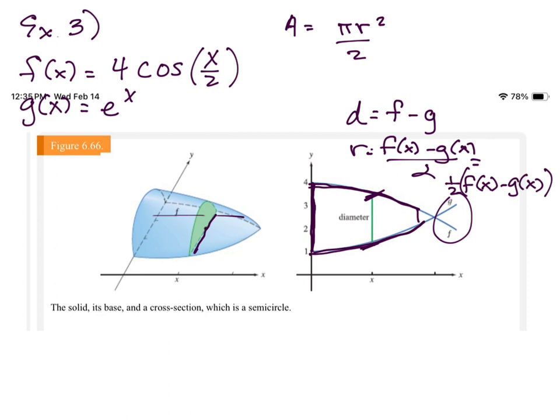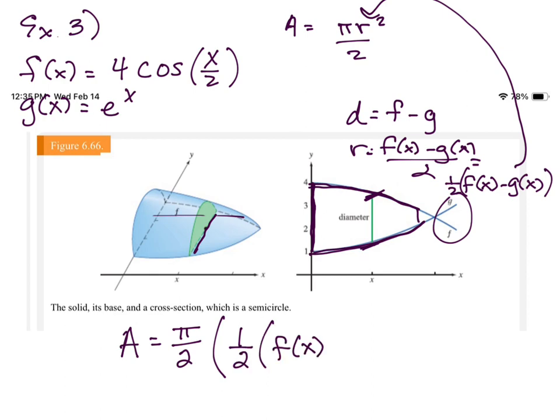And so in my area function, that's what we plug in for R. So area for these semicircles is going to be found by taking pi over 2 times half of F of x minus G of x, squared.